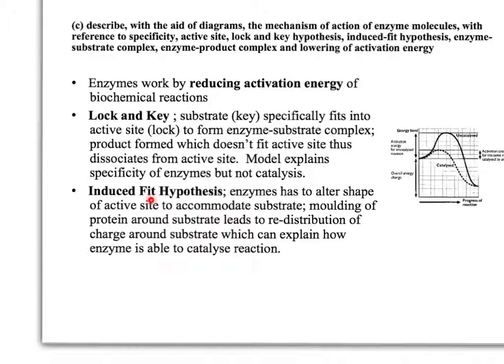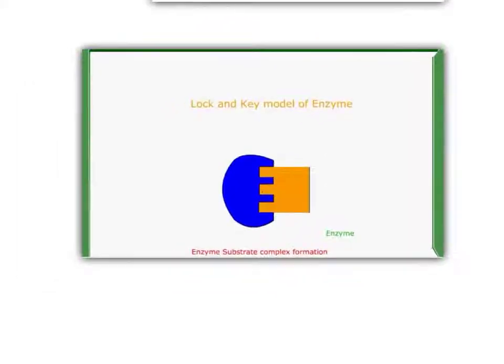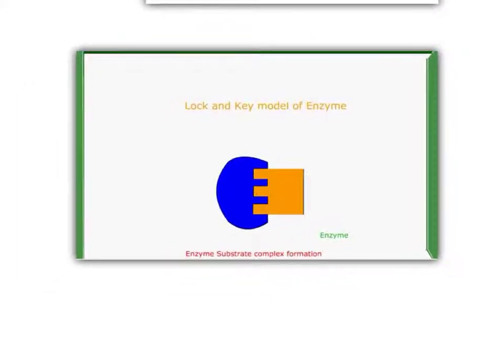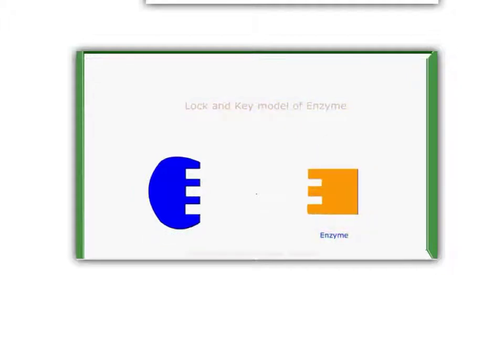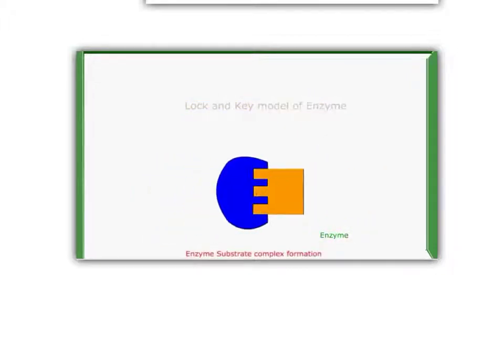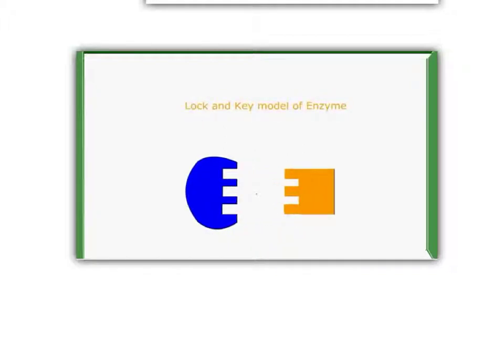Okay, and again I've got two little animations to illustrate those ideas. First of all, lock and key. So here I have a substrate molecule which has got a particular shape, and I've got an enzyme which has got its active site, which is complementary to that shape.